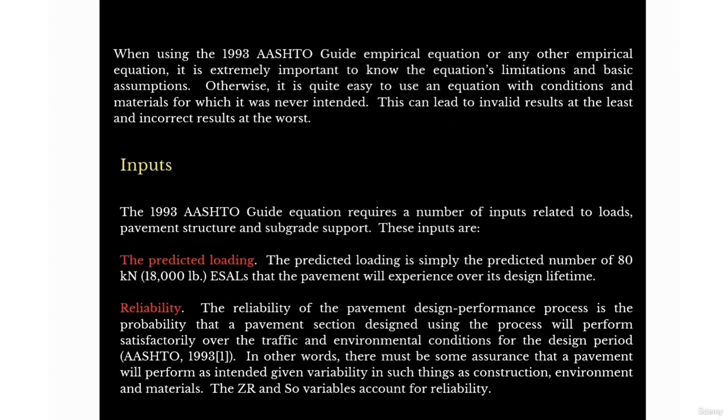Even if it has not been constructed exactly to specification, we need a reliability to say it will perform maybe within plus or minus 5% of how it's supposed to perform. That's the reliability in terms of construction and environment.